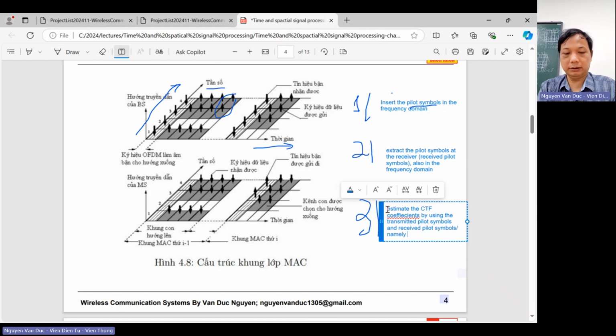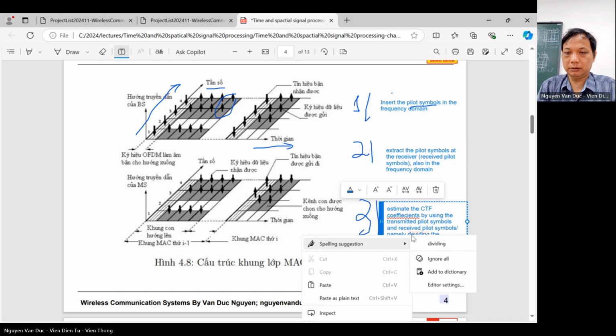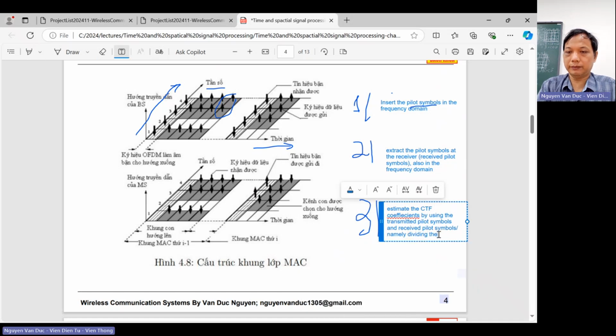you divide the receiver pilot by the transmitted one.